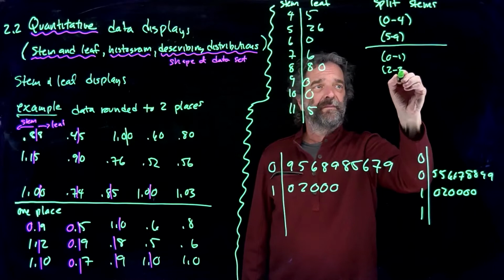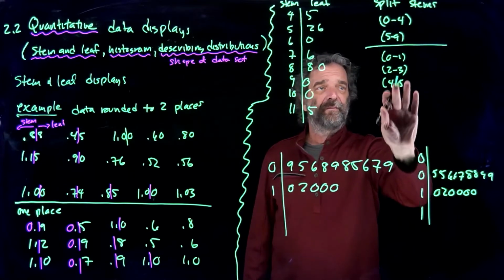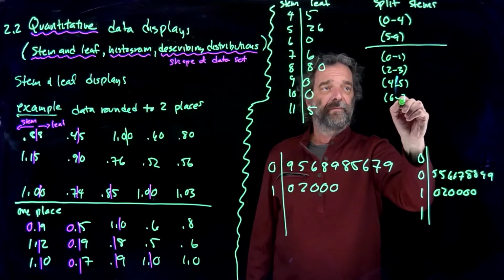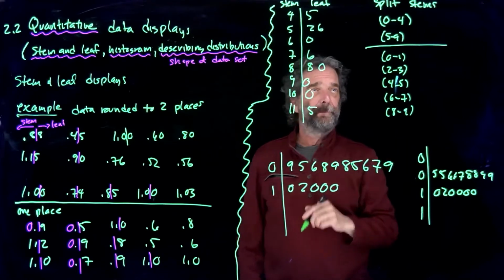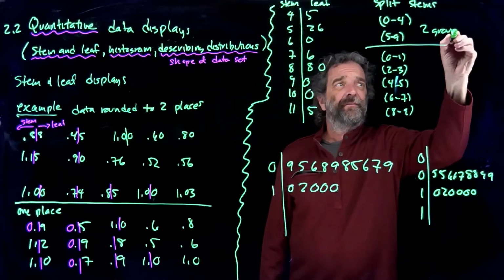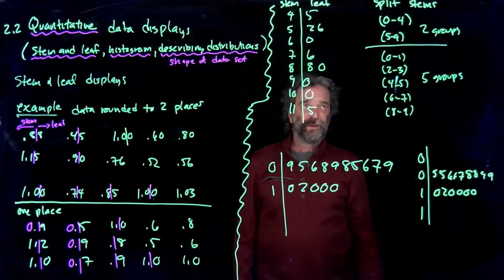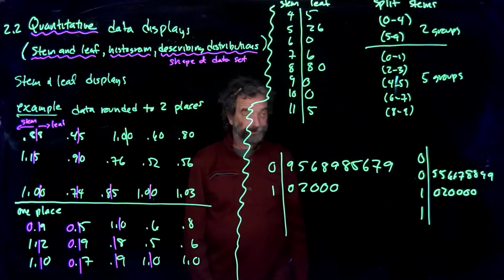So that's one way, or you could be a little more refined about it. Like that. So the first says 2 groups, and this is 5 groups. Those are about your only choices.